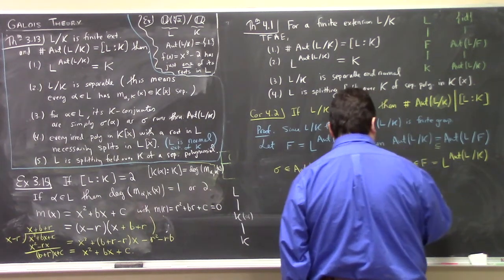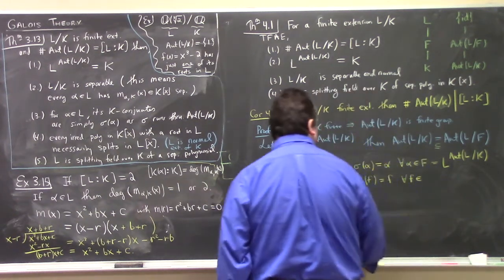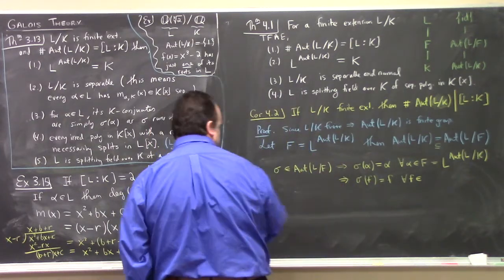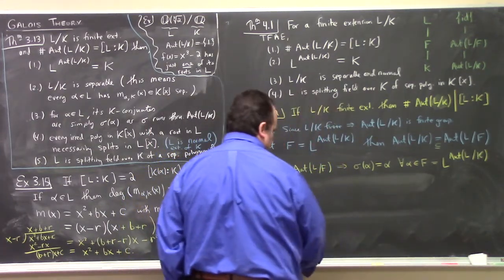Sorry, I'm an idiot. F is the fixed field of Aut L over k. My bad.